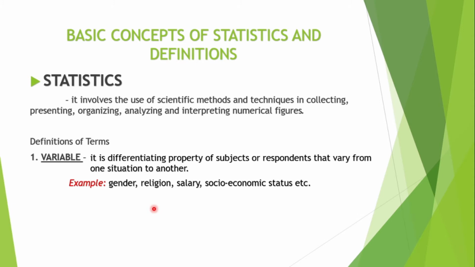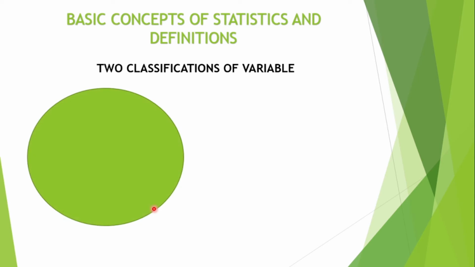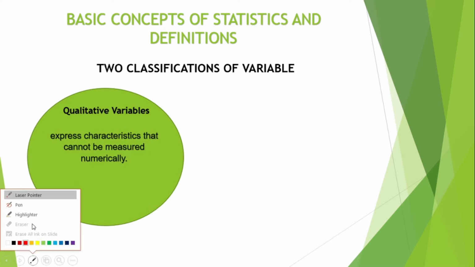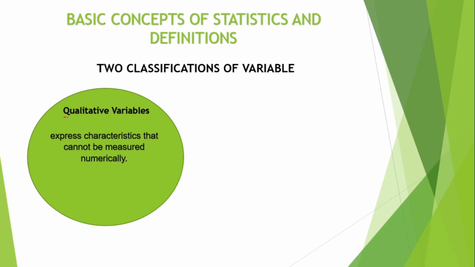For example, ano ba yung magiging variable natin? The independent and then the dependent variable. So there are two classifications of variables. We have here the qualitative variables and then the other one is the quantitative. But before that, let us first discuss the qualitative variables. When we say qualitative, because of the word quality, syempre, pag sinabi natin quality, it is not pertaining to a number.